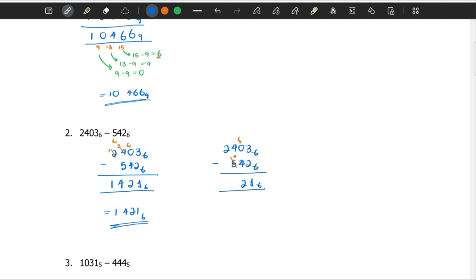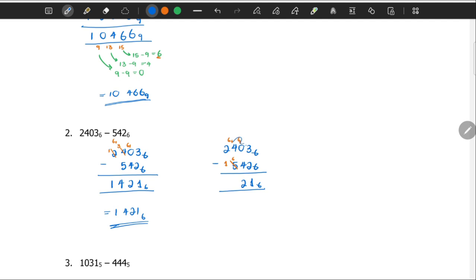Oh, sorry, when you borrow, you add to this. So 542, you add to this, and now this becomes 6. And then now this becomes 4 minus 6, it can't, so you borrow another 6, and here it is a 1, which is a whole number, like a power of base 6.